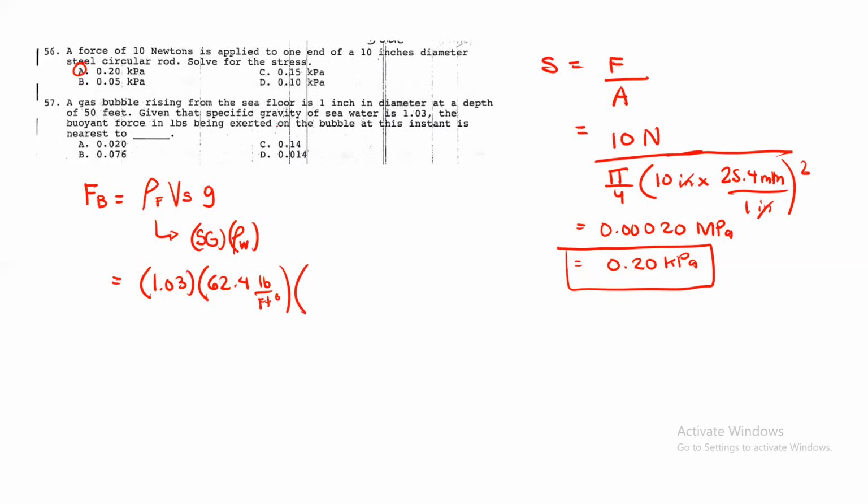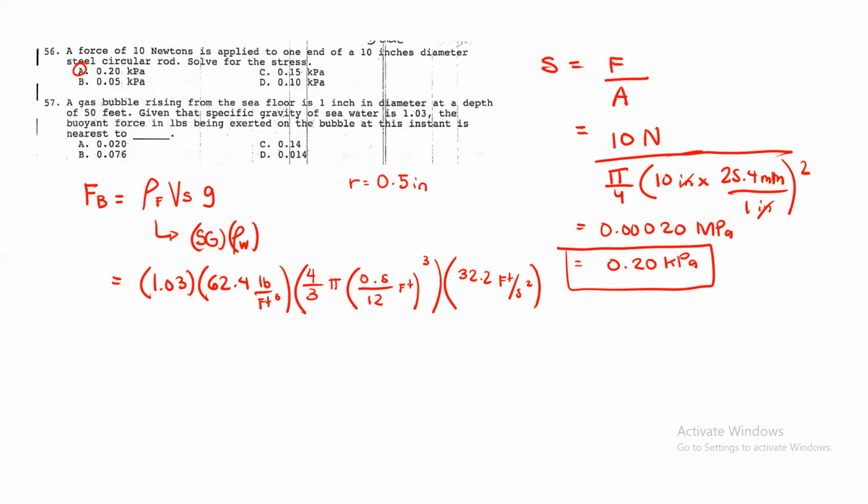Ang volume ng sphere is 4/3 pi r cube. So, pi times radius. 1 inch diameter, so ang radius natin dito is 0.5 inch. Divide mo ng 12 para maging feet. So, raised to 3, 4/3 pi r cube times gravity. So, gravity natin is 32.2 foot per second squared.